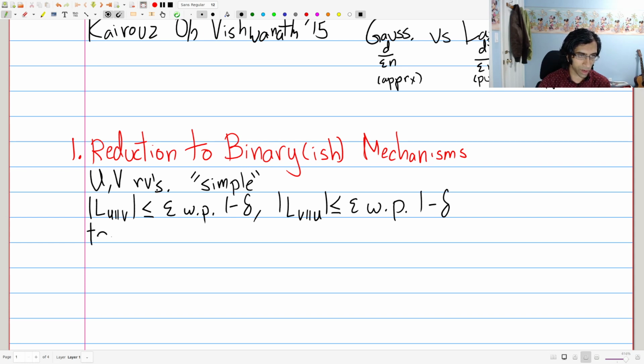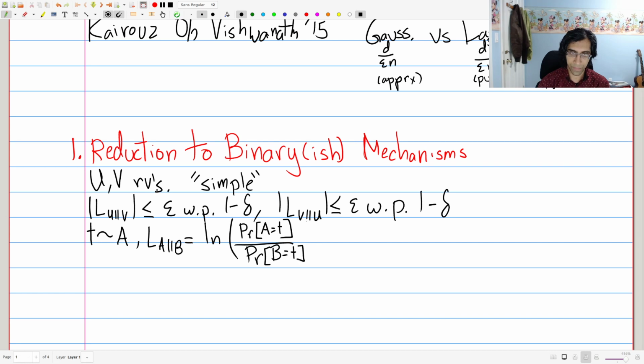You draw t according to the random variable A, and then we define the privacy loss random variable to be equal to the natural log of the probability that the distribution you sampled from is equal to t, divided by the probability that the other random variable is equal to t. So that's the privacy loss random variable, which is going to be big if the outcome was more likely to come from A, and smaller if the outcome was more likely to come from B.